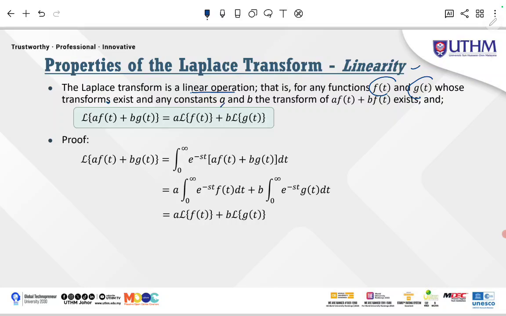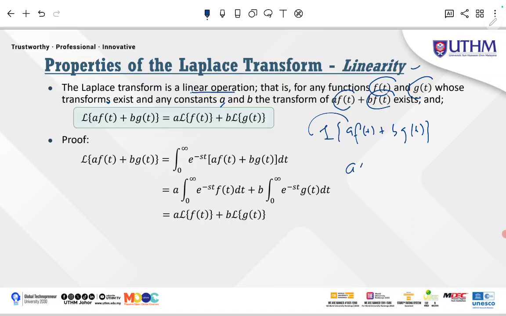The transforms of the function f(t) and the function g(t) exist, and if we have the Laplace transform of a f(t) plus b g(t), then since a is a constant, we can put a outside.